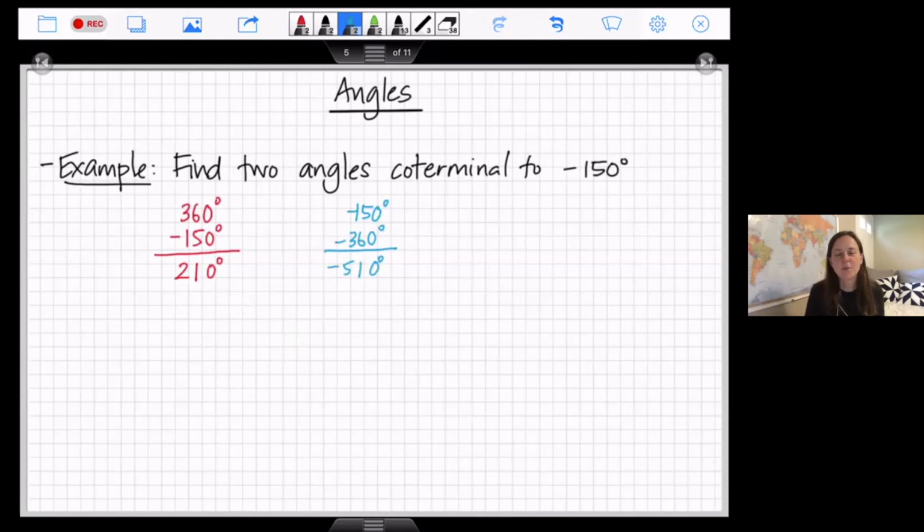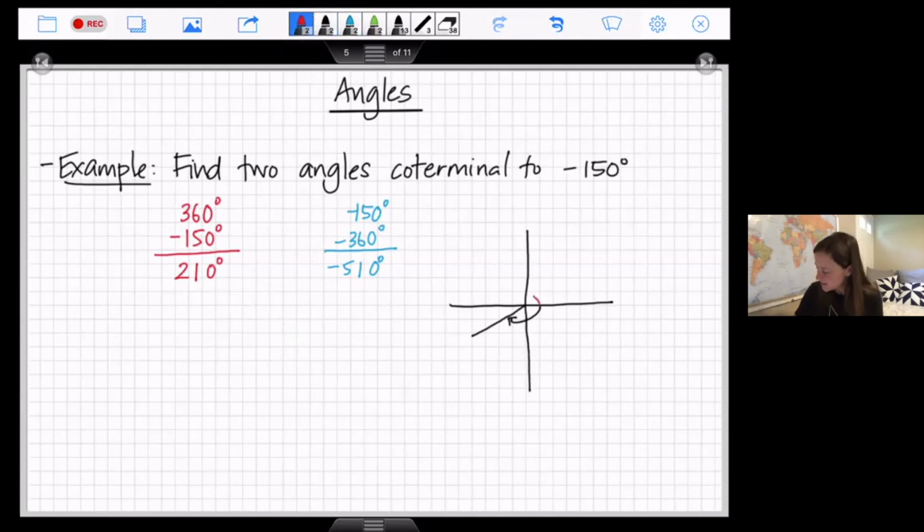Let's draw all 3 of these angles and make sure it makes sense that we're doing coterminal angles. So negative 150 degrees, that is a clockwise angle. It's less than 180, so it's going to land you over here in quadrant 3. The positive angle was 210.